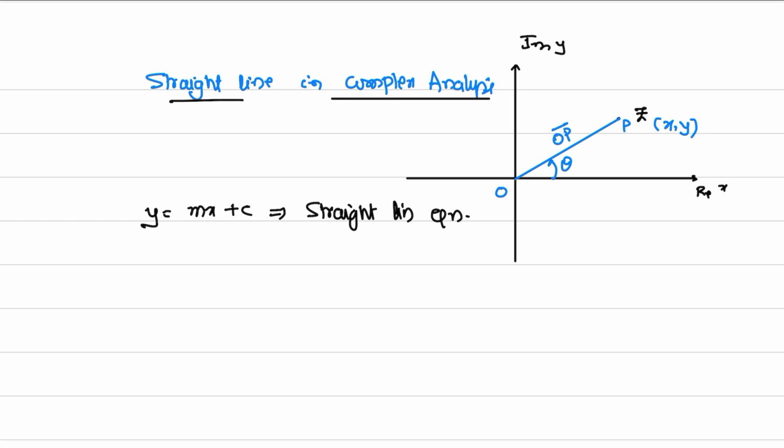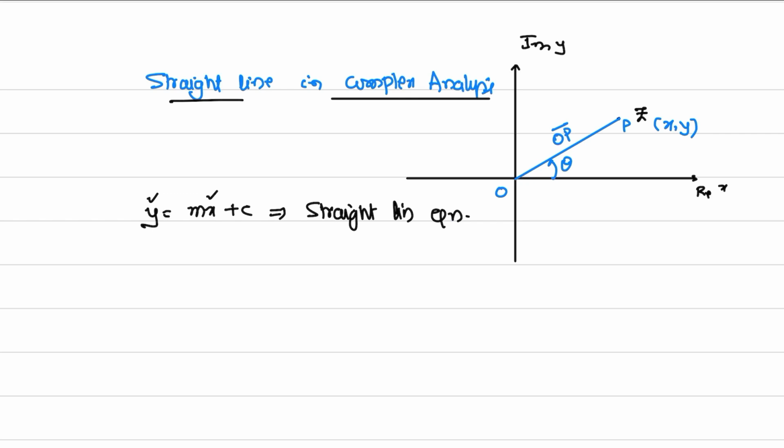It's a mix of both real and imaginary numbers. Here y and x are the locus, m is the slope, c is the constant. If we can get something like this by rearrangement of the complex numbers, then we will be able to say that this is the equation for a straight line in complex numbers.